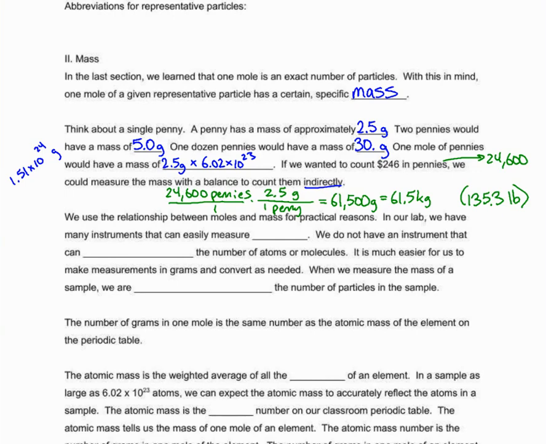In our lab, we have a lot of instruments that could easily measure the mass. Chem 1 typically uses the blue balances, and we have 6 or 8 of those.